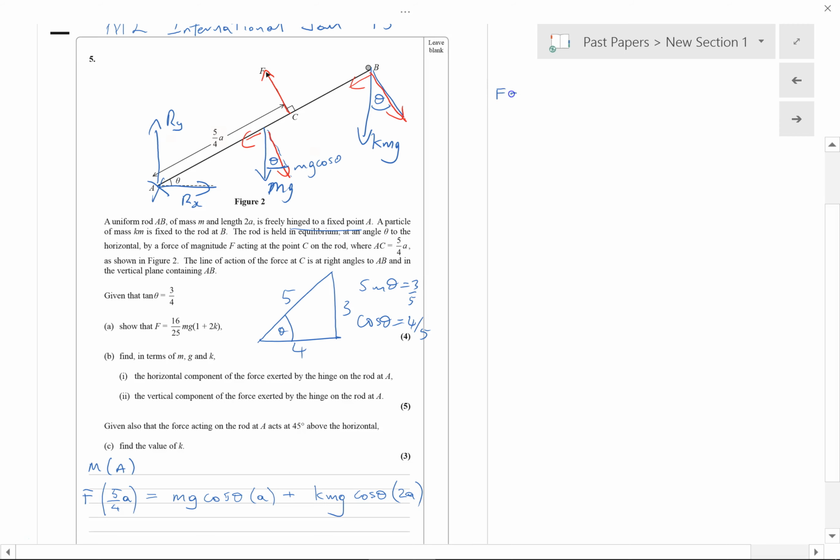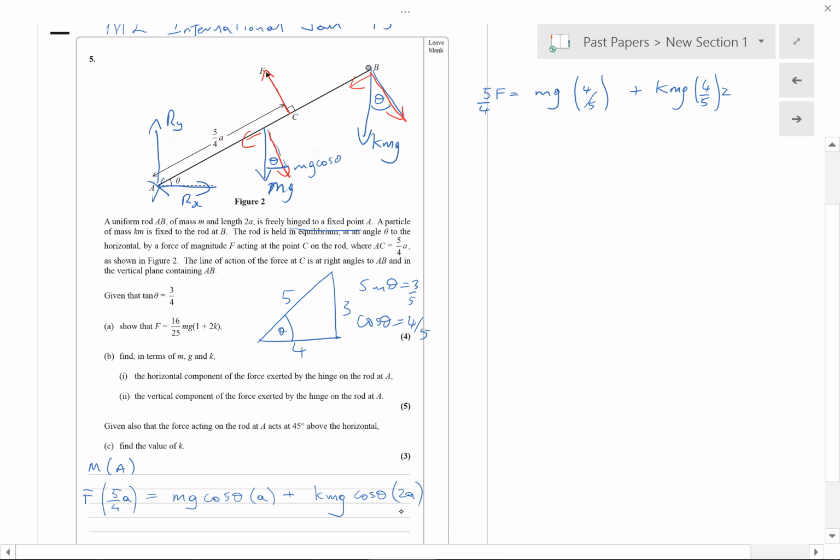We can say that 5 over 4 F equals, because the A is going to cancel, mg times 4 over 5, plus kmg times 4 over 5 times 2, because there's a 2 there and A is cancelled.